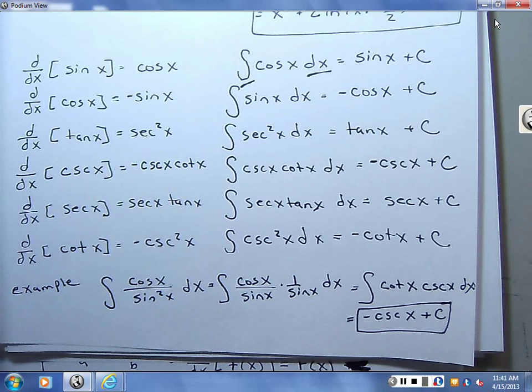But apparently the answer is not equal to the original integration. Like, when we differentiate negative cosecant, we get negative cotangent. If you integrate minus cosecant, you have positive cosecant cotangent.